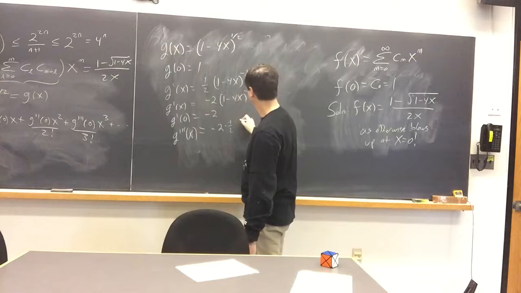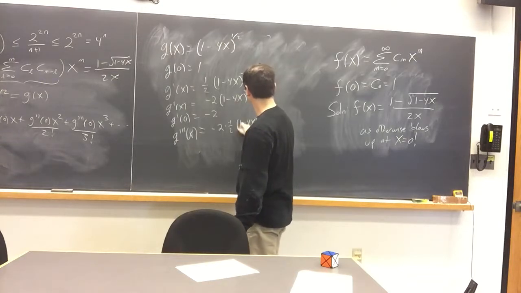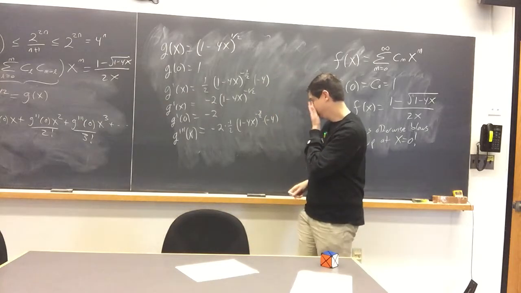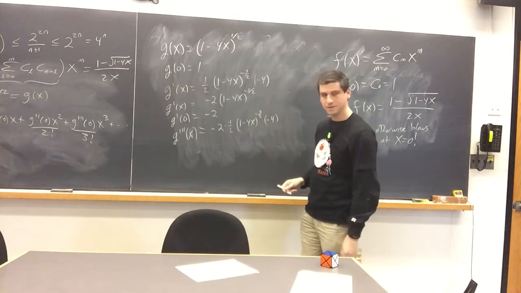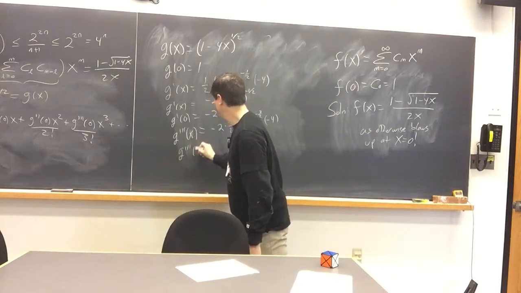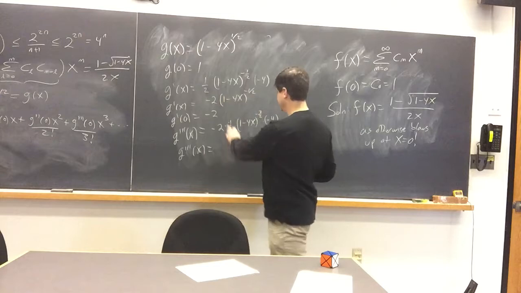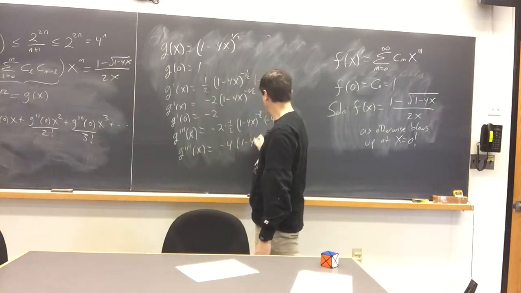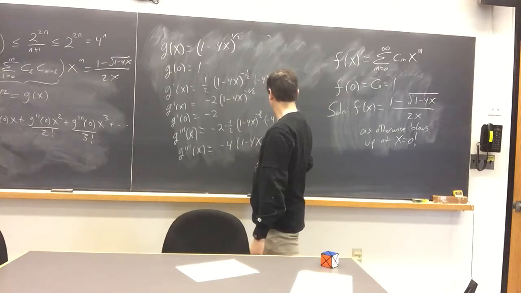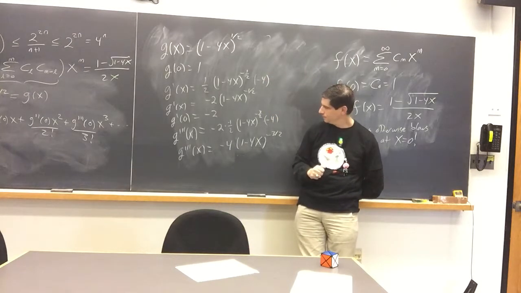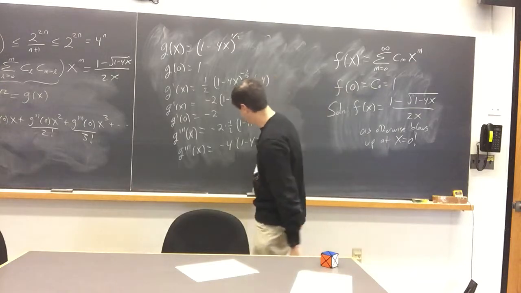Then we'll have a 1 minus 4x to the negative 3/2, and then we'll have a negative 4. The negatives cancel, so I think it's now negative 4, 1 minus 4x to the negative 3/2. Double prime, yes, thank you.